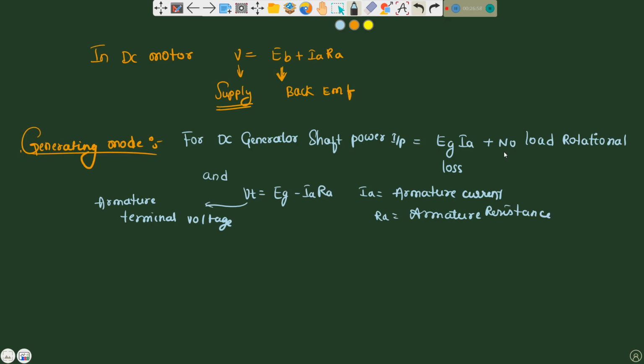While considering brush contact drop, it is usually taken as a constant at 1 or 2 volts. This drop is independent of armature current. We will also consider brush voltage drop, around 1 to 2 volts. So therefore Vt will be Eg minus Ia Ra minus 2.